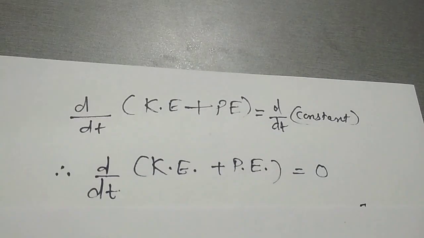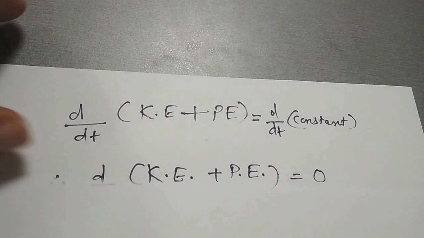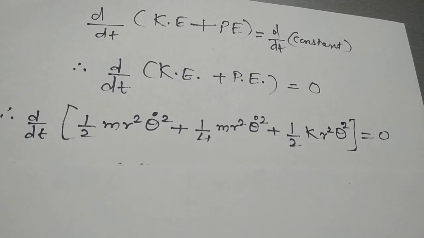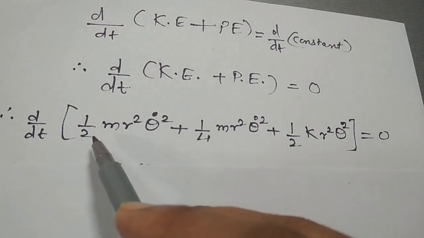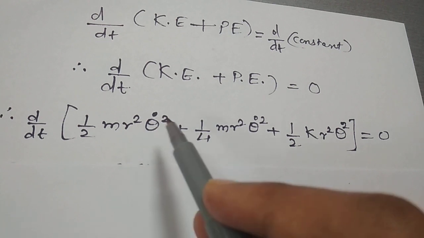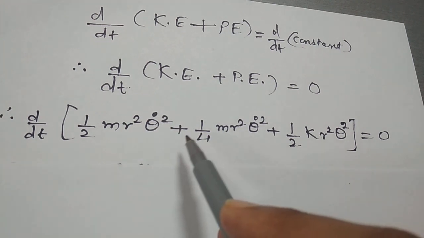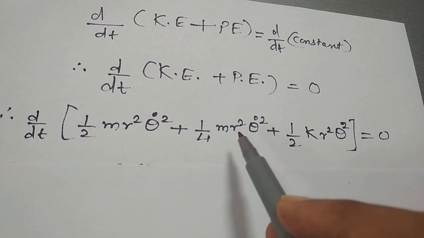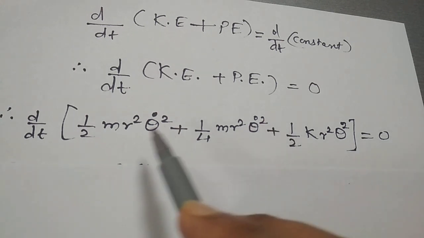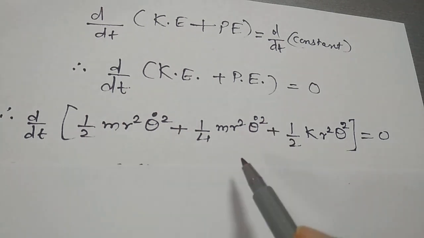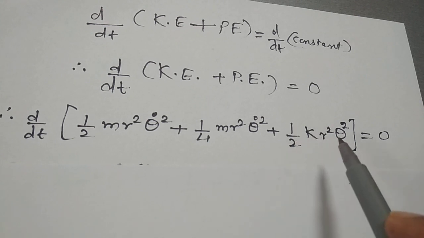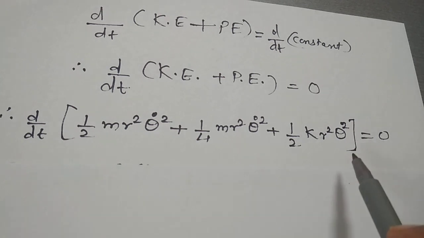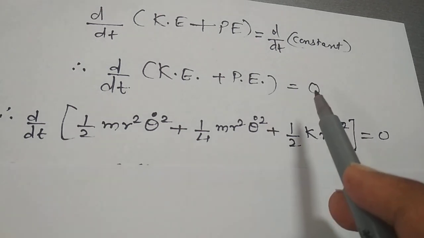That will be the total energy for the given system. So write down d by dt of the bracket 1/2 m r square theta dot square plus 1/4 m r square theta dot square. This is the total kinetic energy, plus the potential energy 1/2 k r square theta square, bracket complete, is equal to 0, the derivative of a constant.